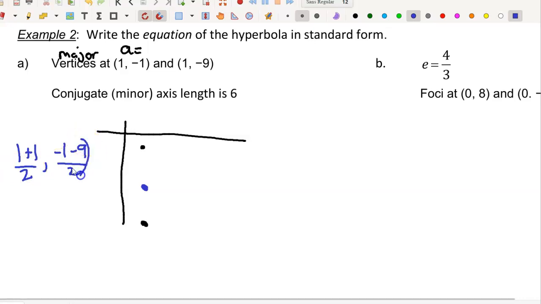You're trying to find the middle, 2 points, do the midpoint formula. 1 plus 1 is 2. 2 divided by 2 is 1. So no surprise, the middle is going to stay on the ones. And then -1 minus 9 is -10. Half of that is -5. So we now know that this is at 1, -5.